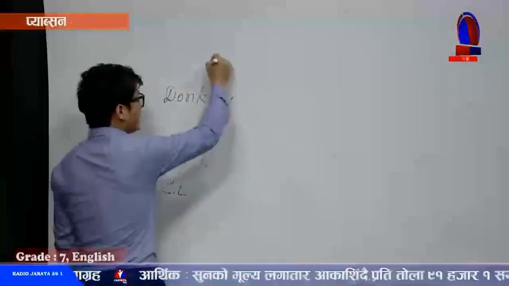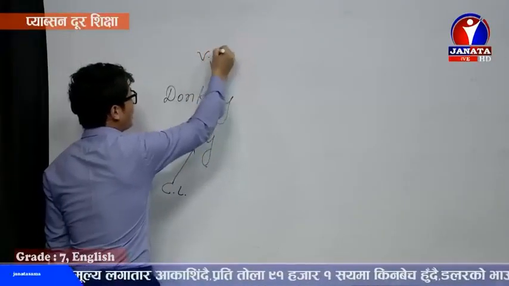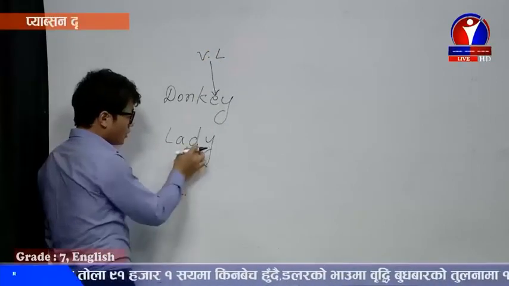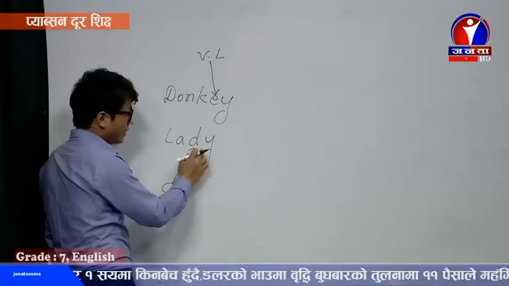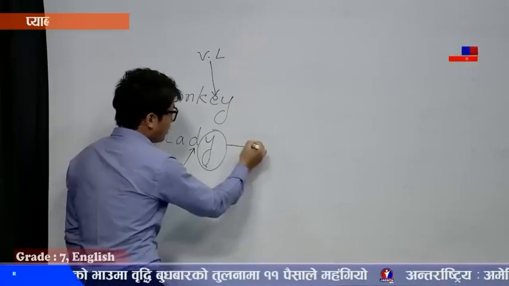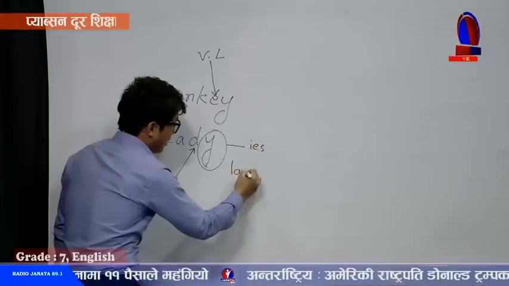Before Y here is E, and this E is a vowel letter. So according to the rule, if there is a consonant letter before Y, then we need to change this Y letter into IES, and it becomes ladies.